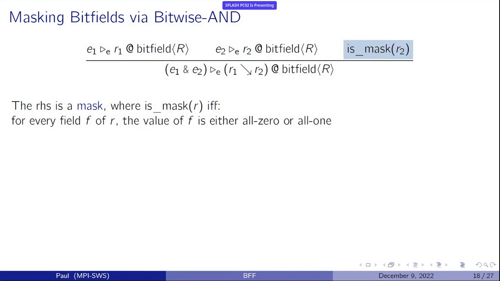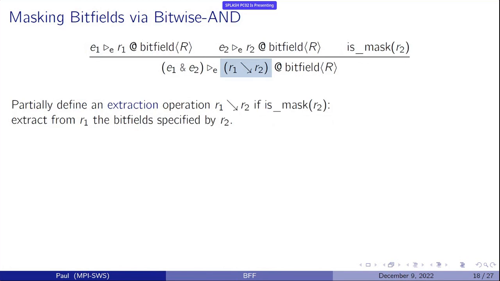Second, we need to figure out what the resulting SBV should be for this kind of masking bitfields operation. Here we introduce the extraction operator that gives you the result of computing the bitwise AND between R1 and R2. But interestingly, we are not defining this extraction operation in a total way, but partially, because as you can see, the typing rule requires that R2 is a mask.